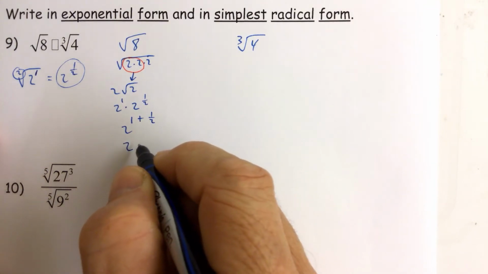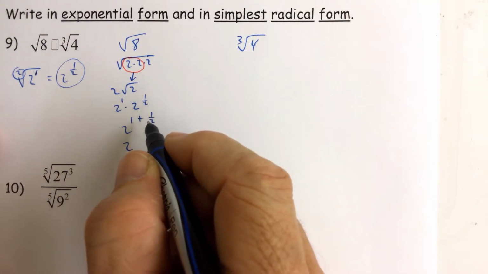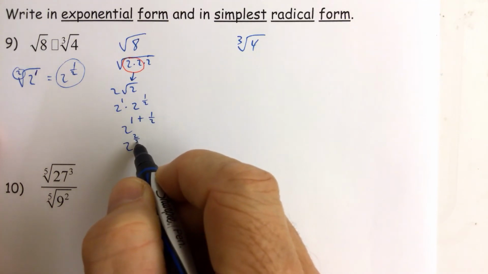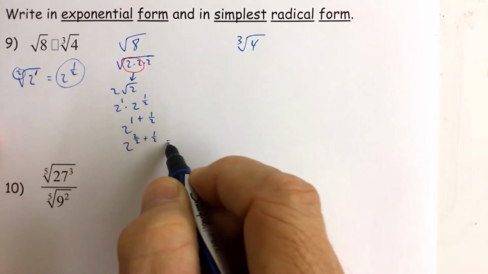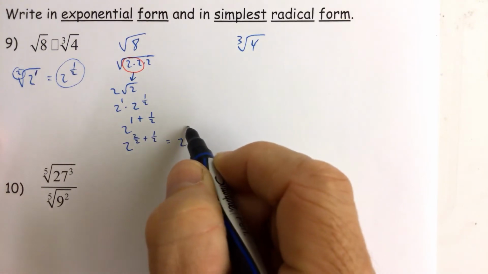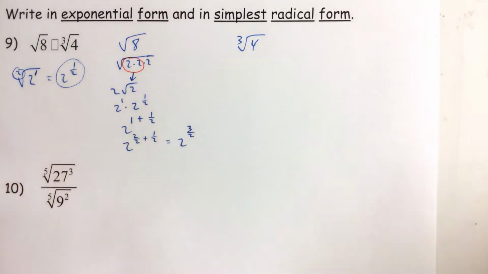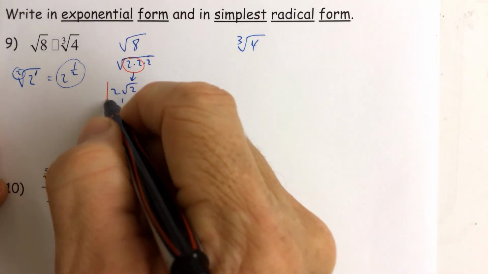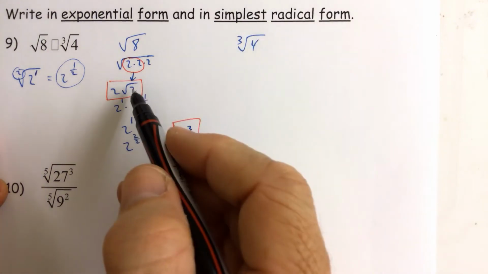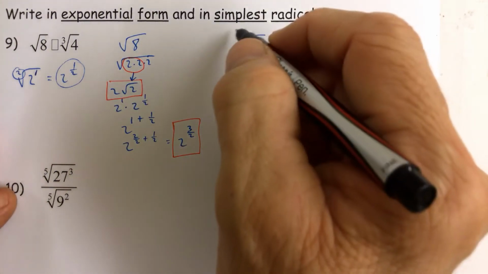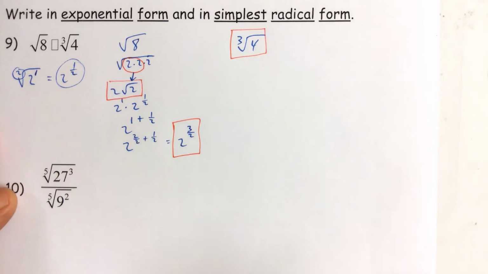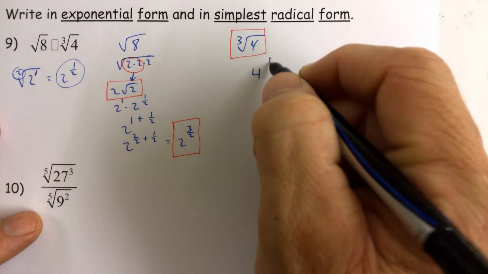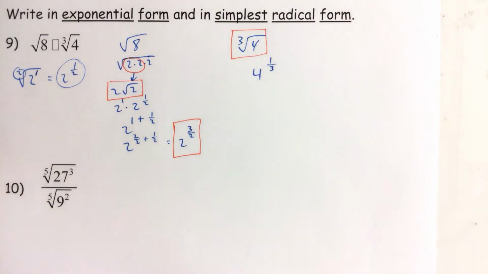Then we want a lowest common denominator, so we have 2 to the 2/2 plus 1/2, which is 2 to the 3/2. So 2 to the 3/2 is the exponential form, and 2 radical 2 is the simplest radical form. Well, this one over here we have already in simplest radical form, and we want to write that as 4 to the 1/3, and that is in exponential form.